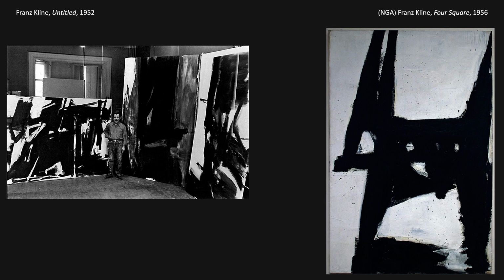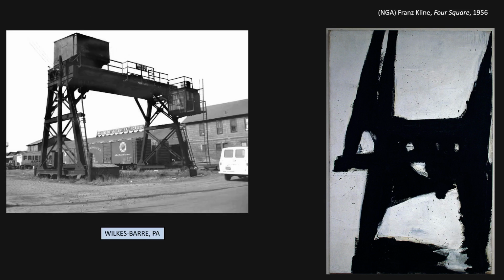Now, his formal language is fairly limited. He does some in color early on and every now and then back and forth. But these are the ones he's most remembered for, these stark black and white gestures, where he's got these amazing broad strokes across the canvas. And the question has always come up of, where do they come from? What's inspiring him? One of the things we know is that he grew up in an industrial part of Pennsylvania, Wilkes-Barre.